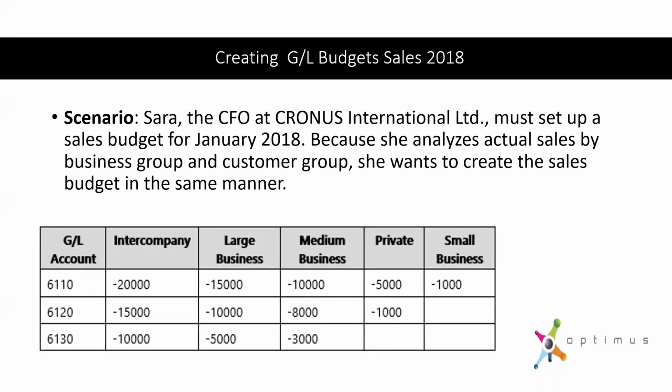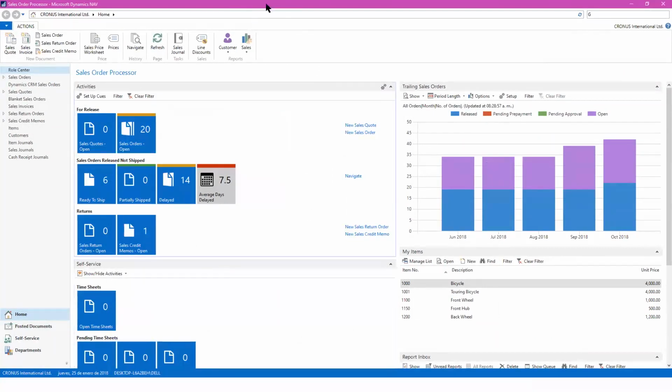Whenever I want to start working with NAV, let me go now to the tool and review. This is the NAV section, and I'm the sales order processor. I see January, June, July, August, September, all the different months that I have here, and I can see my operations.